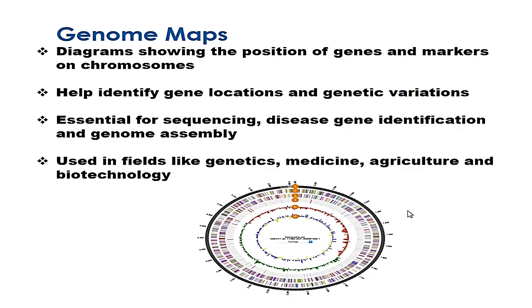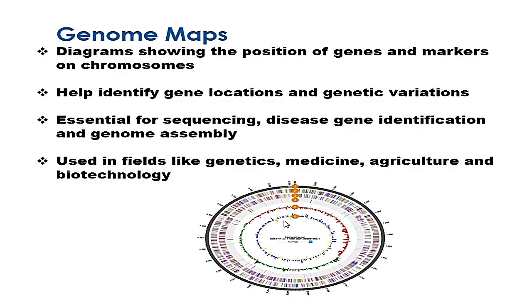This genome map helps to identify a particular gene. Suppose you have a gene here and a gene here, that can be identified. That is, gene location can be identified, and genetic variations can be identified by comparing this genome map with another organism's genome map, where the location change can give you genetic variations.